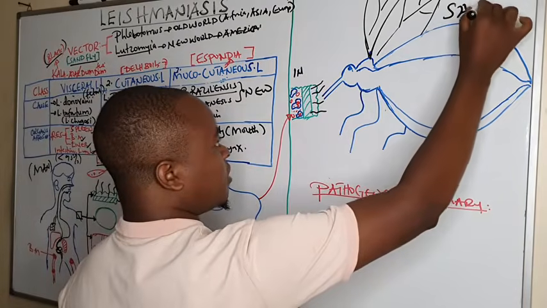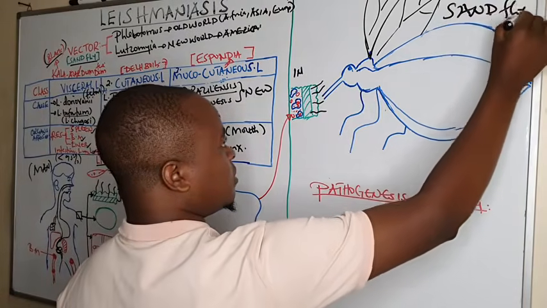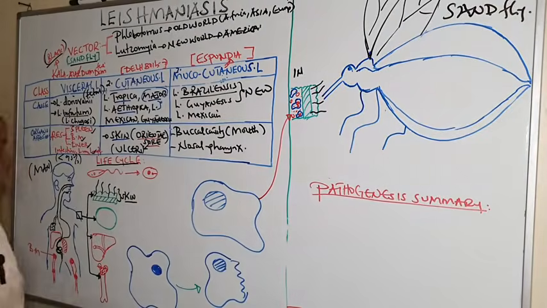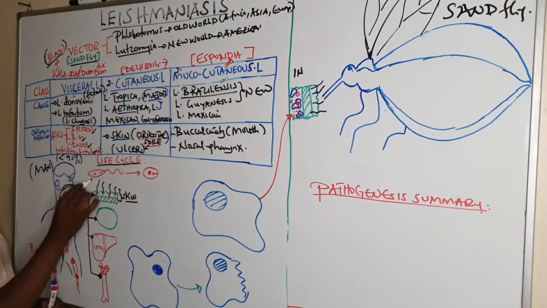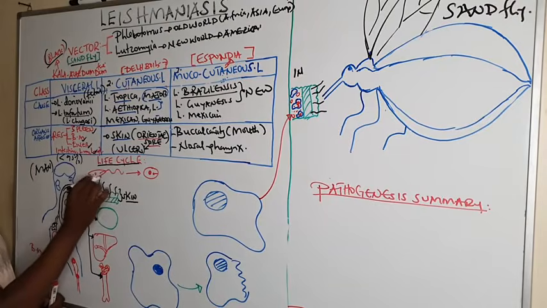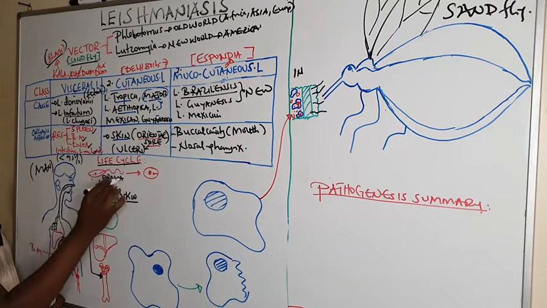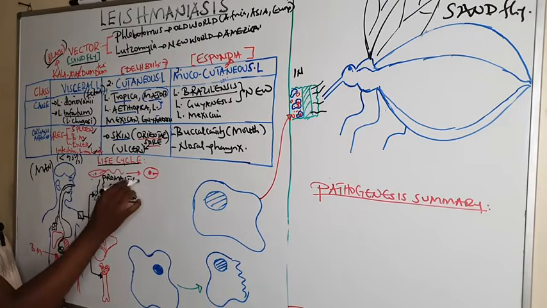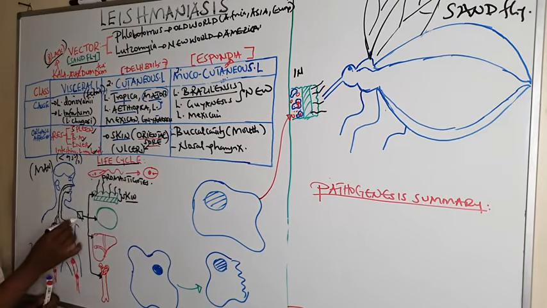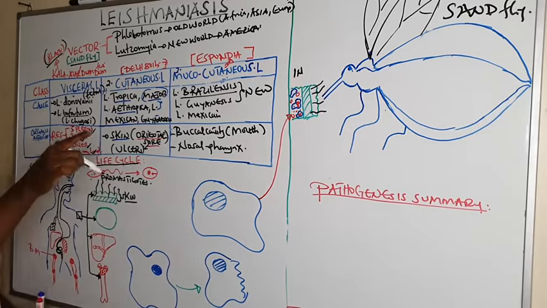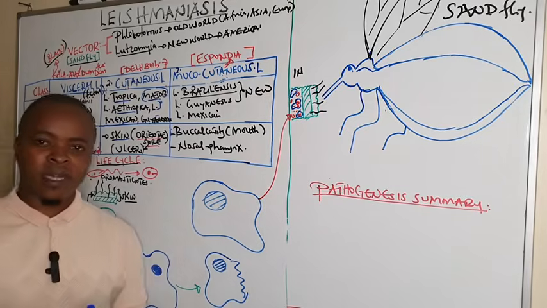This is the sandfly inoculating the infective metacyclic promastigotes, which are inoculated into man when the sandfly is taking a blood meal.